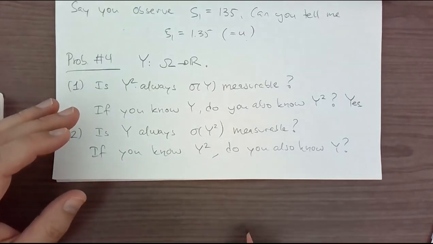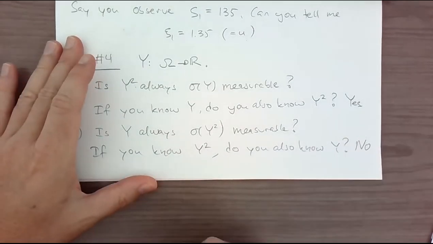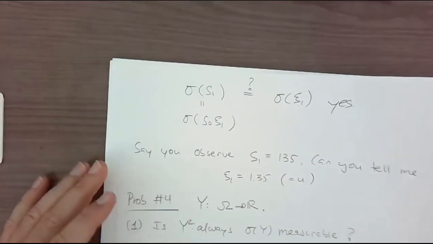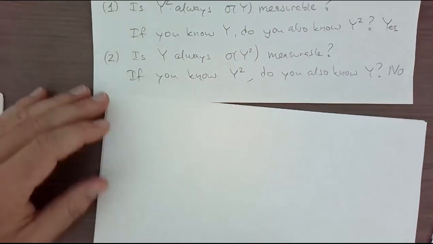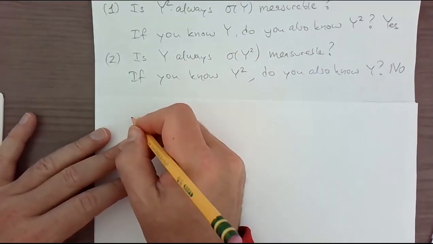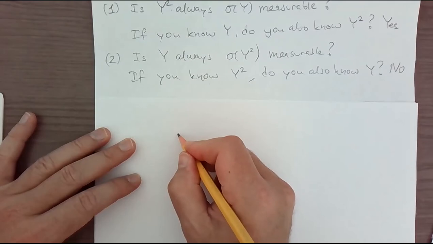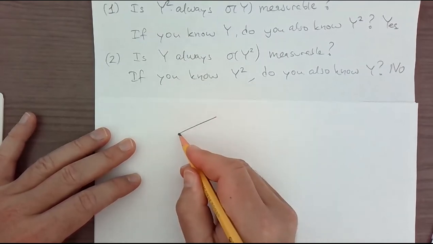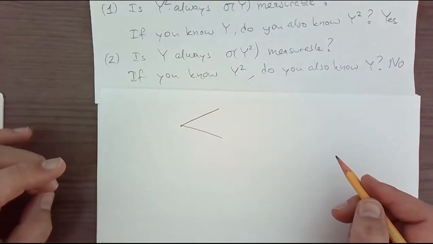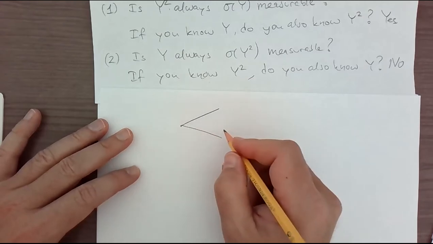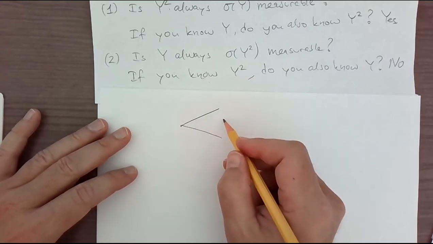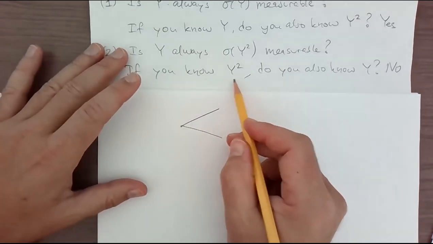No. Right, so could you create a little example here in the second one? Could we do Bernoulli? So my y here, what could y be? If you want to make a counter example here.